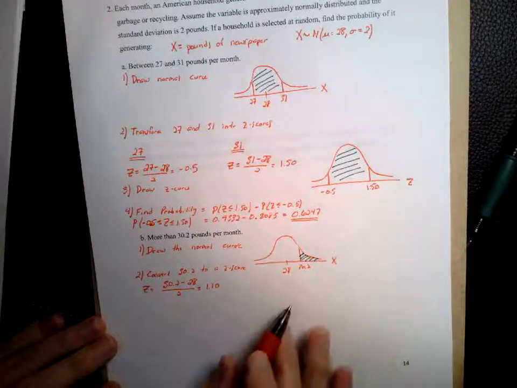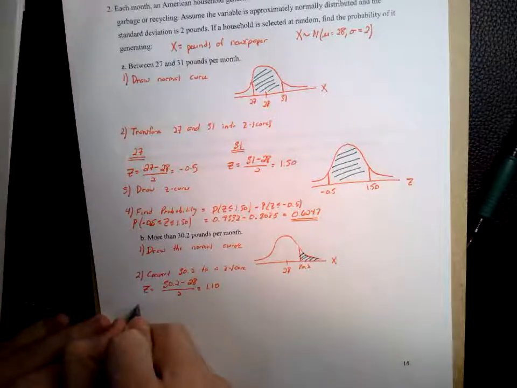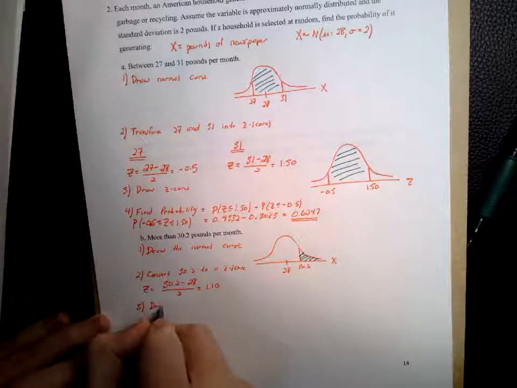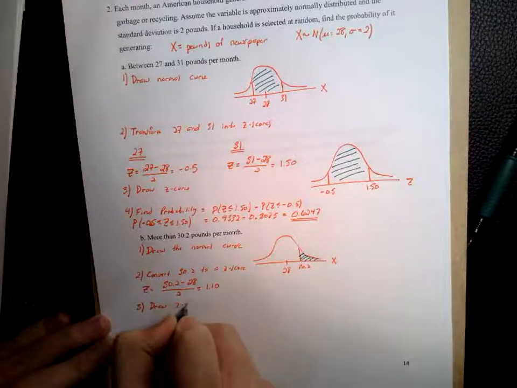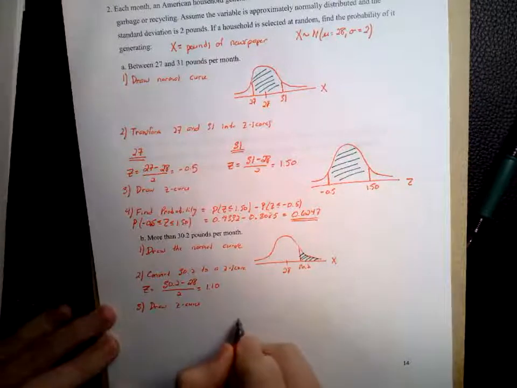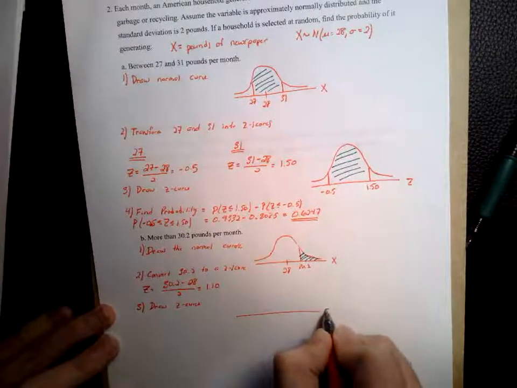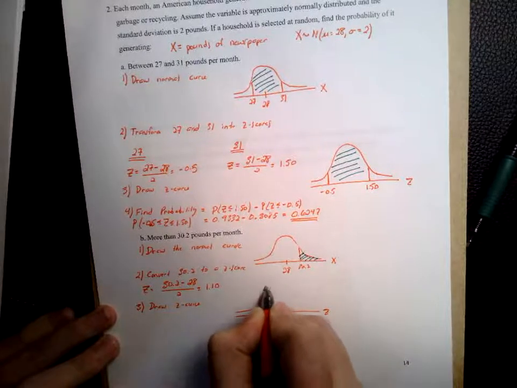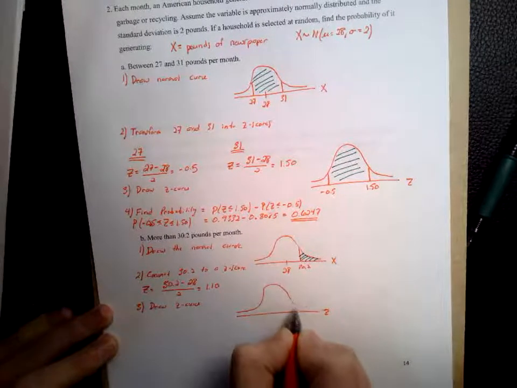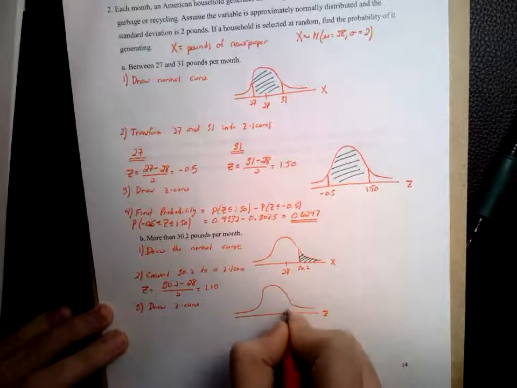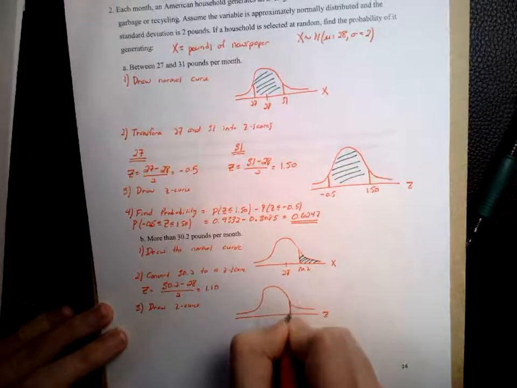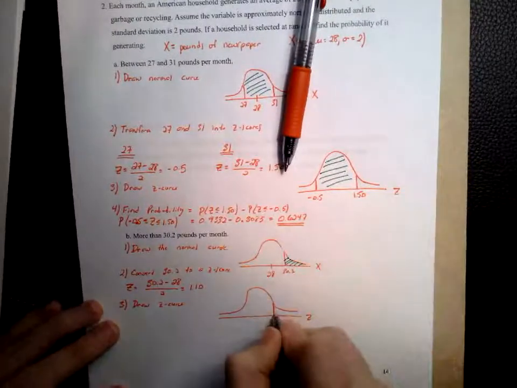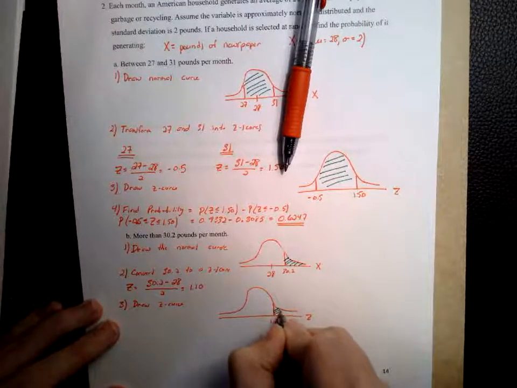Now, if you want to draw out the graph again for the third step, draw the z-curve and shade the appropriate region. So draw the z-curve. If I do that, here's the distribution of the z-scores. So I got a z-score of 1.10, and again, I am interested in the area to the right of that. So if I go here, 1.10, I want to look at the area to the right of that z-score.